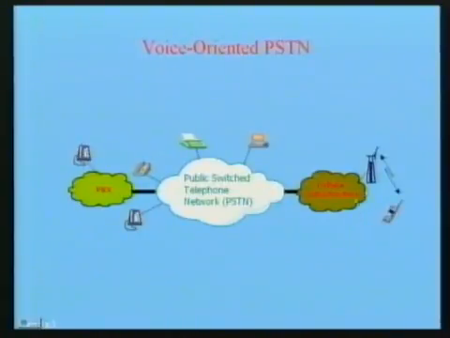Then you go to Finland, which is now the leading country in wireless cellular systems. The penetration rate is 75%. That means 75% of the population, 5 million being the population of the country, which is three quarters of that, have cell phones.